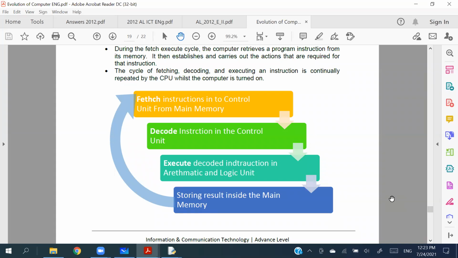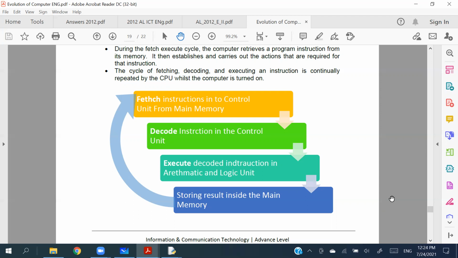The very first thing that happens is the control unit. I told you the control unit's major function is sending command signals to the components. And another function of the control unit is that it fetches the data from the main memory. So the control unit gets the data from the main memory first.